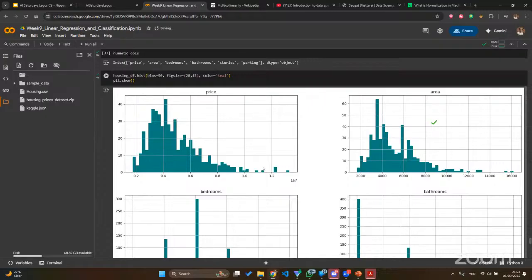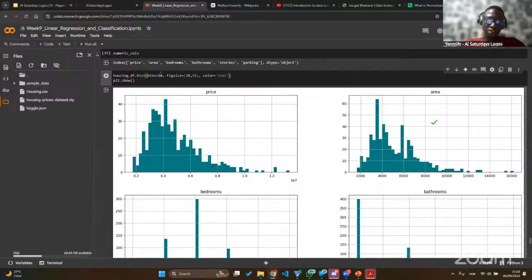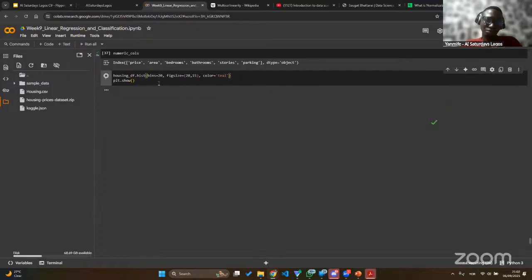But if we remove outliers, would that help? It looks like it might form a bell curve if we do that. Also, can the number of bins we're using for the histogram affect what we are seeing? This is 50, right? Let me change the bins to 20 and see.